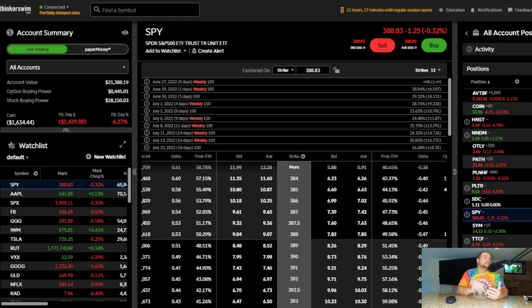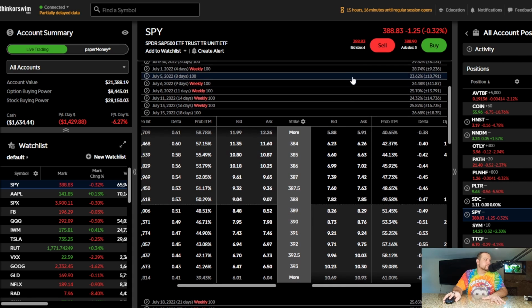So if we go to July 15th, 2022, and go through these options, you can see that the price of the SPY is currently 388.83. You look between 388 and 389, and that's where the line delineates what is in the money and out of the money.